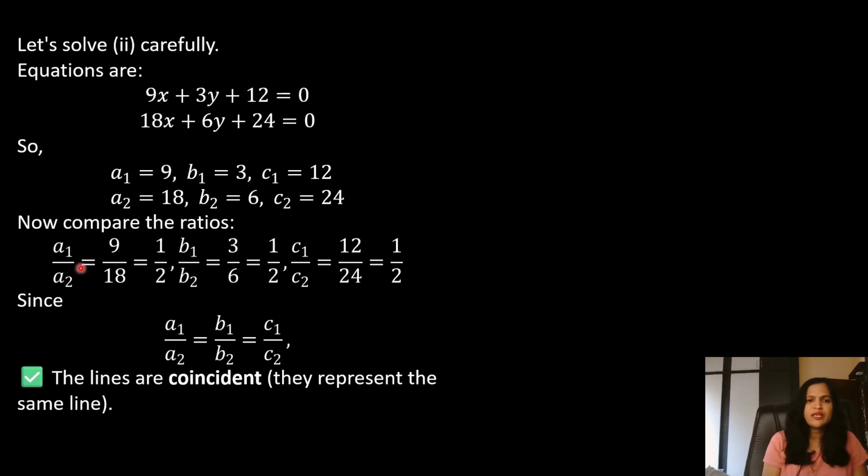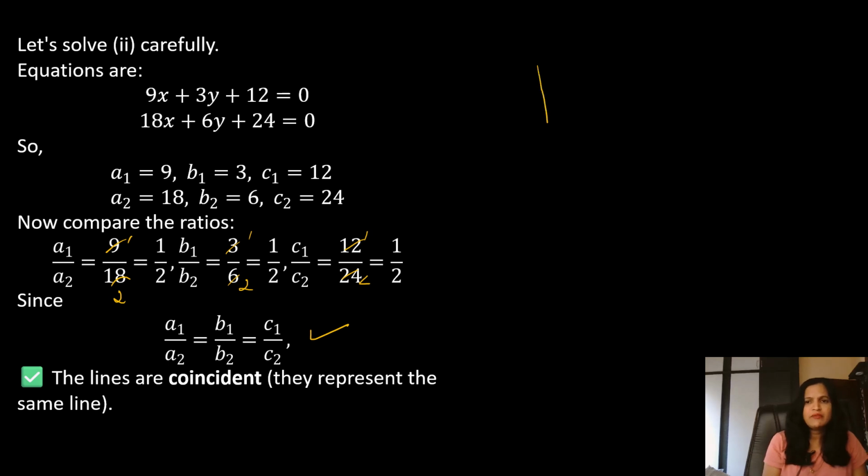Now compare the ratios. a1 by a2 is 9 by 18, that is 1 by 2. b1 by b2 is 3 by 6, that is 1 by 2. You got equal values. And c1 by c2 is 12 by 24, that is 1 by 2. All are equal. The lines are coincident. They represent the same line.